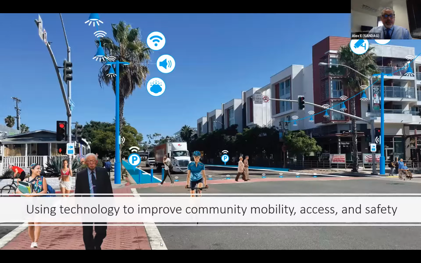To ensure that happens, this starts with what we call some of the initial technical planning documents, called concept of operations. Before we even start thinking about designing technology, we as a region have to do a fairly good job understanding the needs of all transportation users.